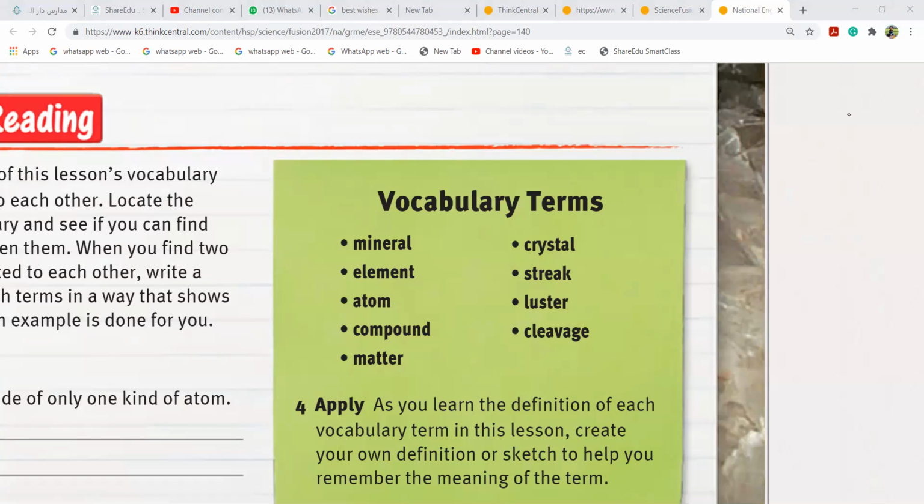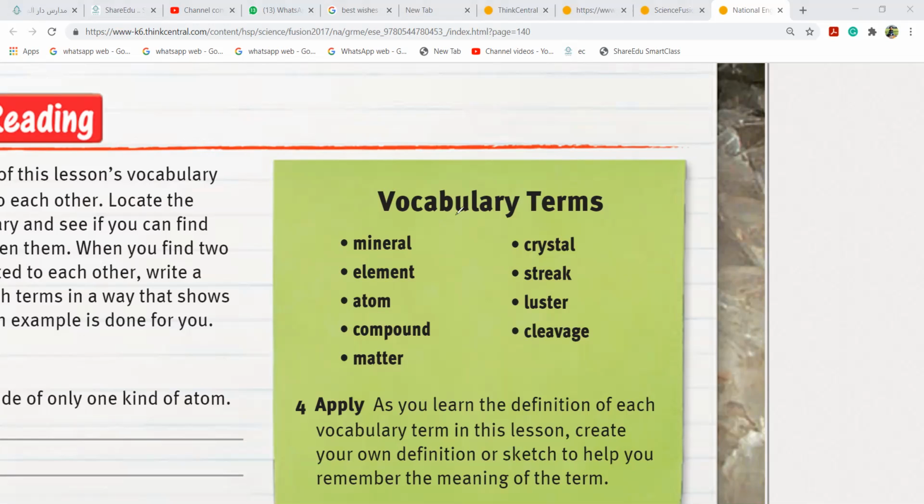Mineral, element, atom, compound, matter, crystal, streak, luster, cleavage. Okay.